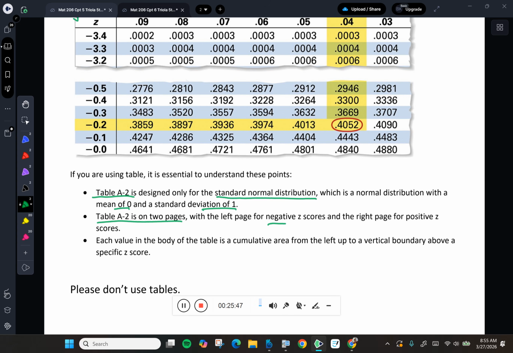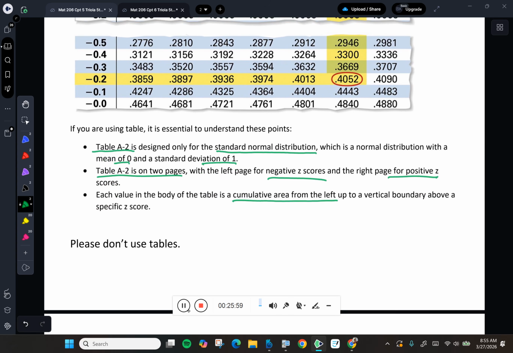The left page is for negative z-scores, the right page is for positive z-scores, and every value in the body of the table is a cumulative area from the left. So the table in the homework is only left tails. Please don't use it. I'm showing you how it was used back in the day. It's so much faster to use technology.